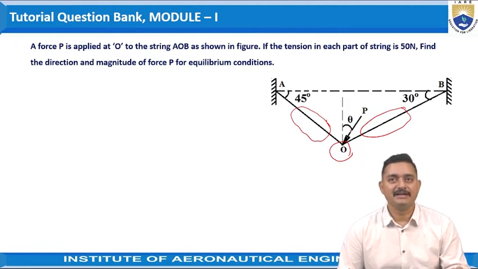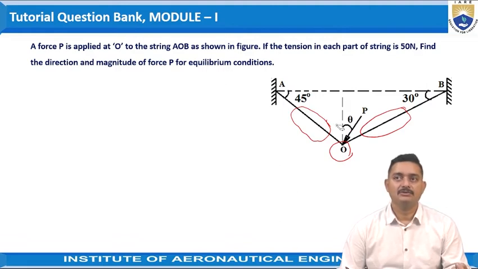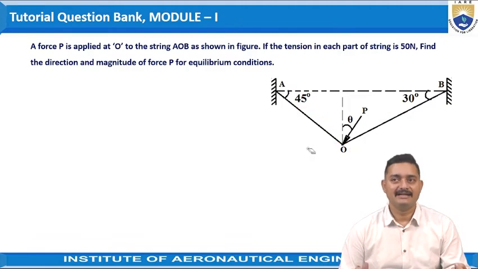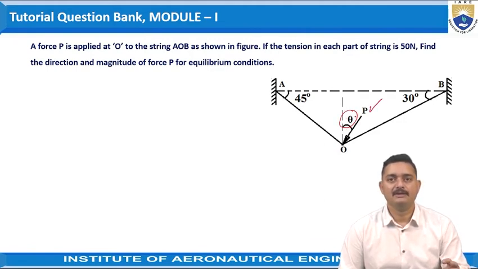Find the direction and magnitude of force P for equilibrium conditions. The force P acting at point O has an inclination theta, and this force P we need to identify.